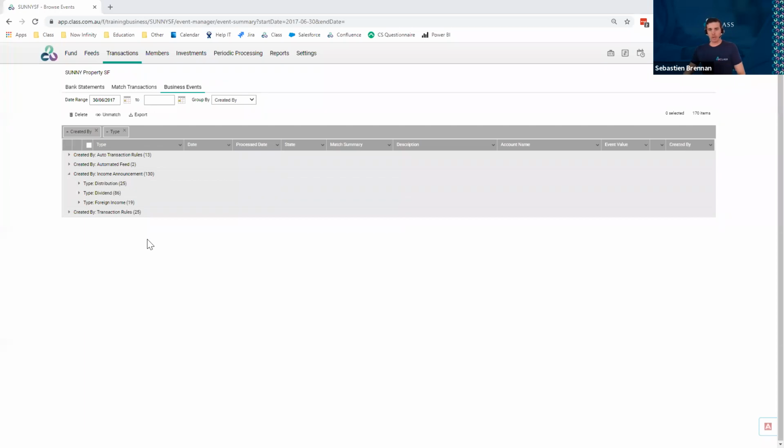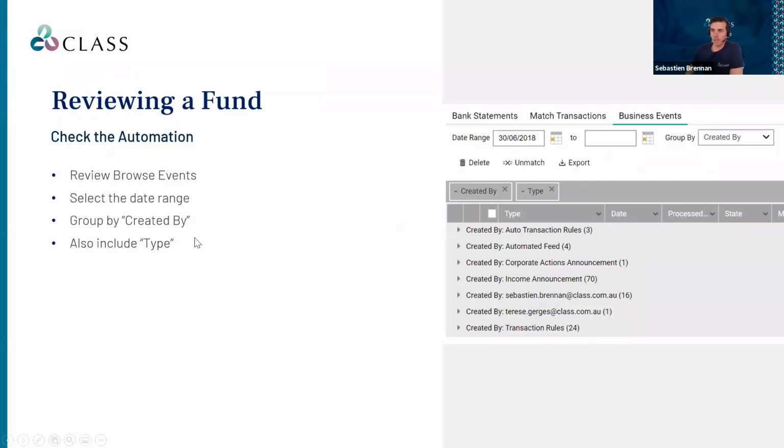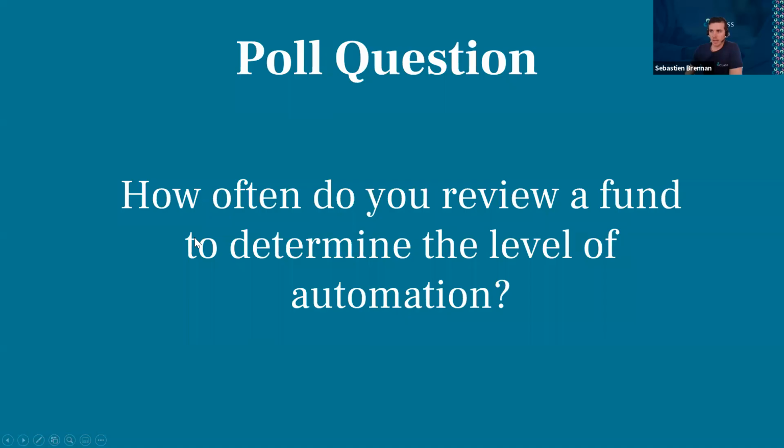So again, let's jump back to our presentation and focus now on the next poll question. Let me just bring up the poll question first. So the question here is, how often do you review a fund to determine the level of automation?